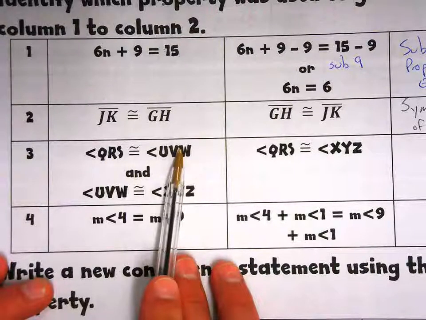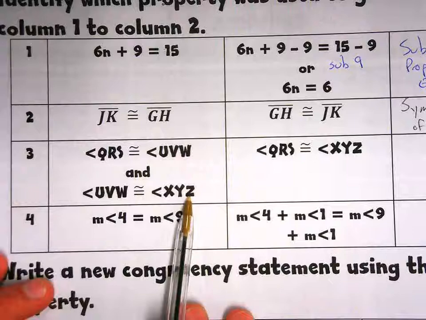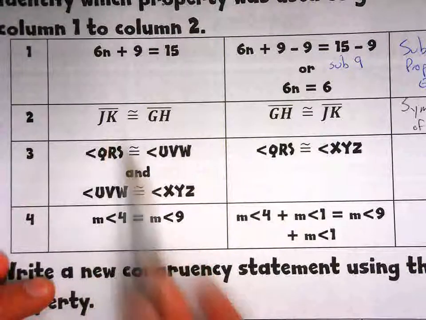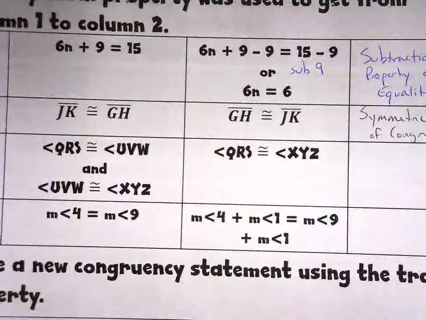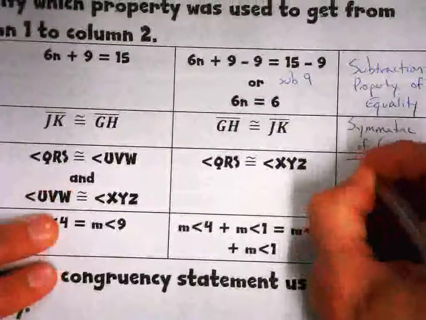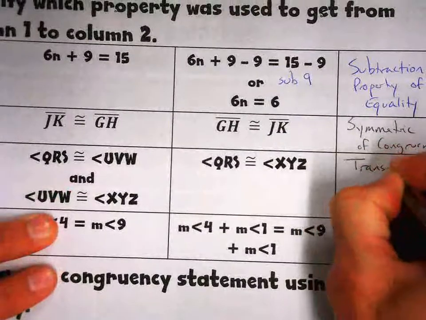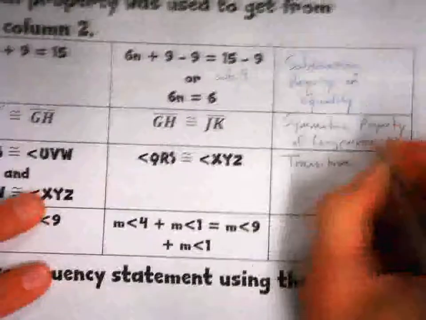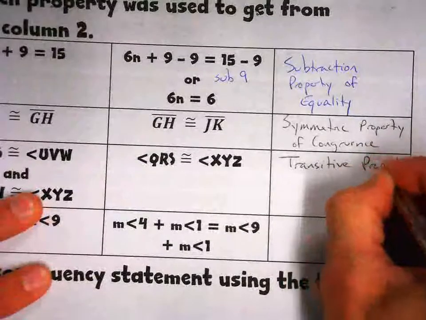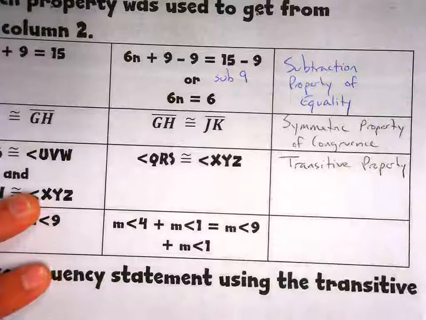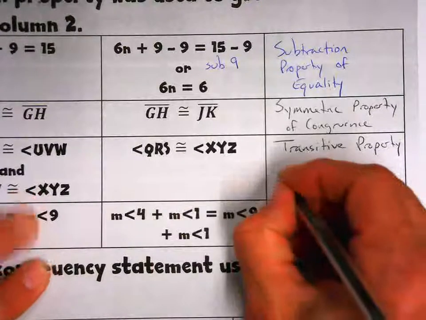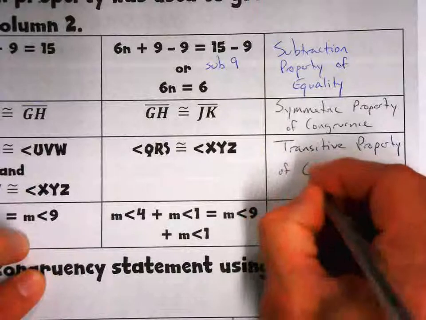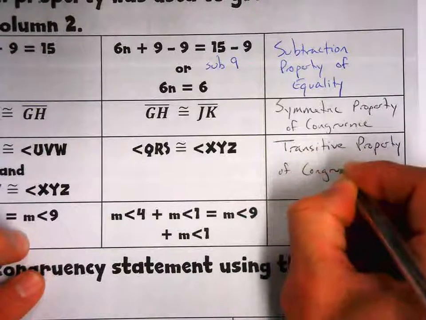And that is a thing. That's a property. It's a logical step, and it's called the transitive property. Okay, so we call that the transitive property, and now we ask, the transitive property of what? Okay, this is of congruence, not equality. So this is the transitive property of congruence. Okay, so now we're understanding those notes from the PowerPoint a little bit better.